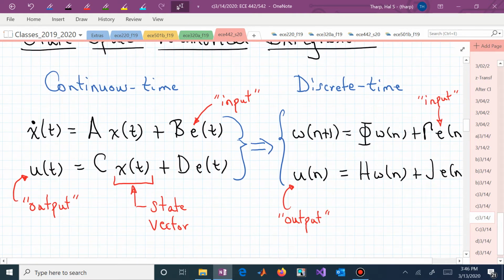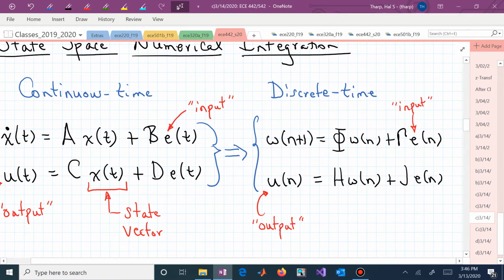Again, for the setup, we have our different state space matrices. We have A, B, C, and D for the continuous time. We want to find phi, gamma, H, and J using the backward numerical integration discrete equivalent strategy. In this particular case, the state vector in the discrete time setting is not going to be a sampled version of the state vector little x of t in the continuous time setting.